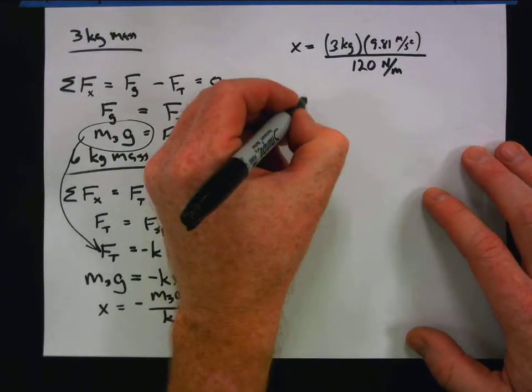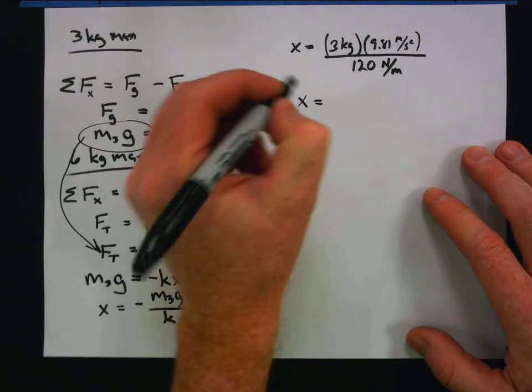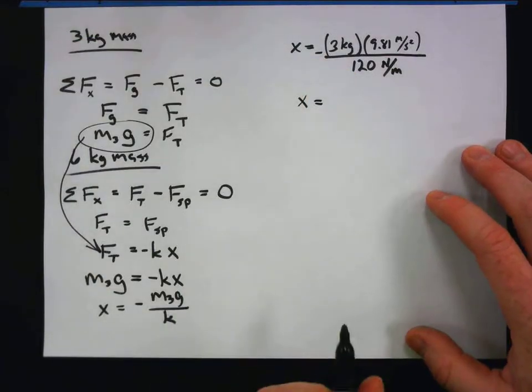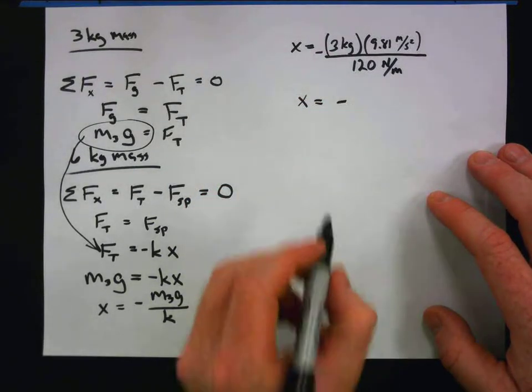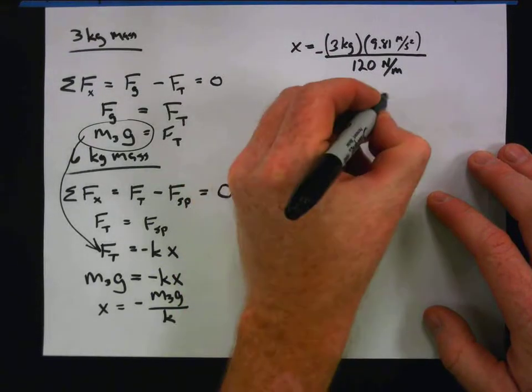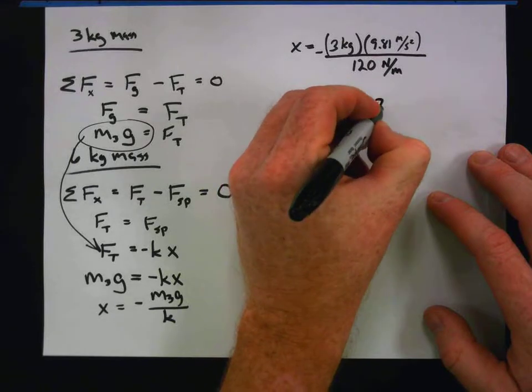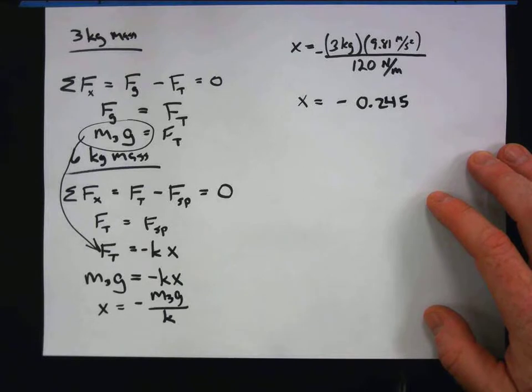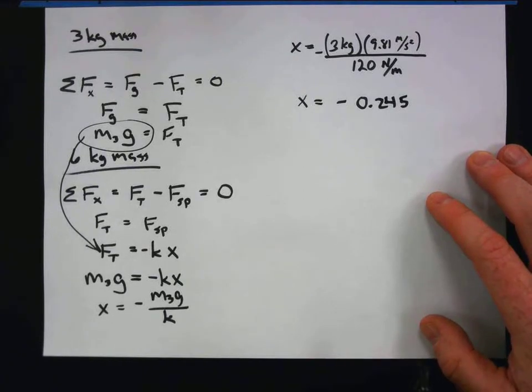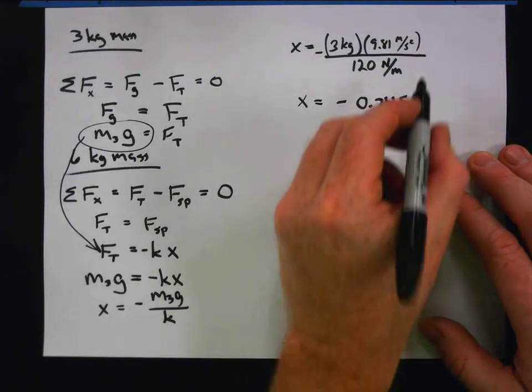Awesome. Oh, I missed a minus sign, didn't I? There's a minus sign there. So I end up with the distance that the spring stretches is 0.245 meters.